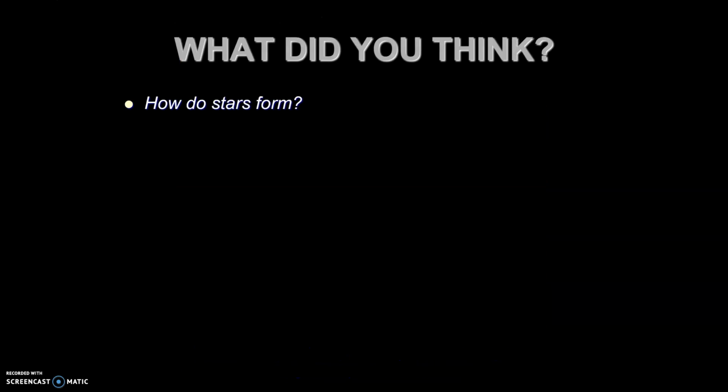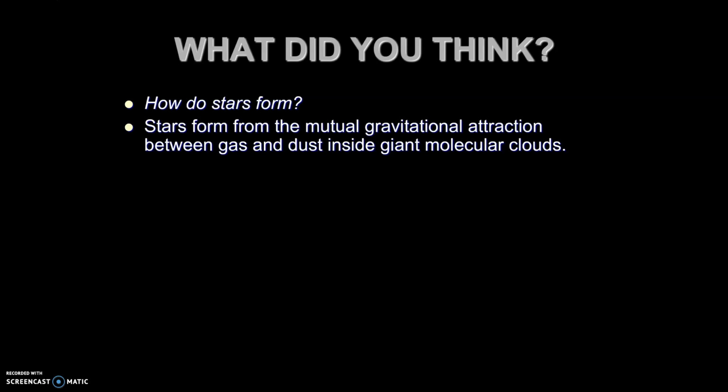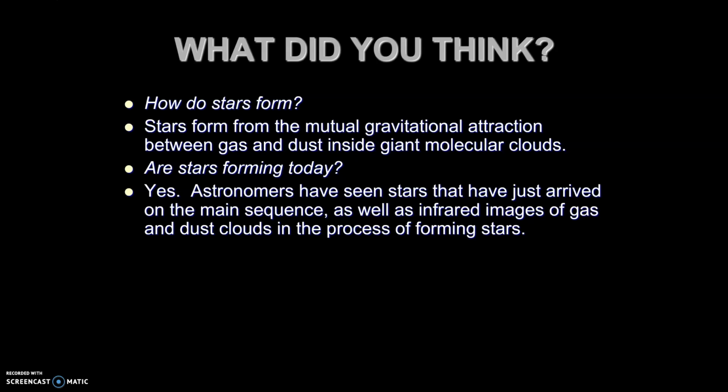Answering some of our questions from the beginning: how do stars form? They form from a mutual gravitational attraction between gas and dust inside giant molecular clouds. Are there stars forming today? Yes, astronomers see stars that have just arrived on the main sequence, and we can see different images of those. Do stars with a greater mass shine longer?